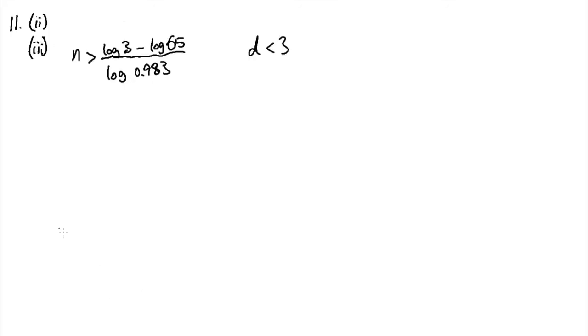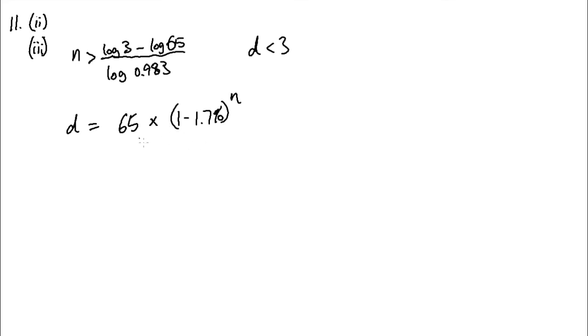Yeah. Okay, so for part 2, I need to first find the expression for D in terms of n minutes. So D is equal to the original temperature, 65 degrees, multiplied by the change in temperature, which is 1 minus 1.7%, to the power of n.